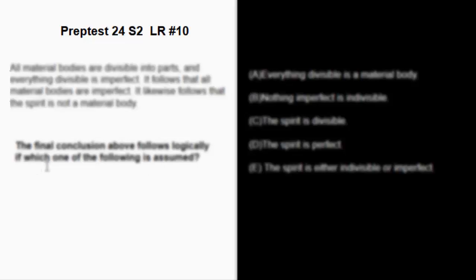"If" refers to the entire category. And then the word "assume". When you see these two words together, you're basically being asked to solve a sufficient assumption. So let's hack this thing apart and see what we have.